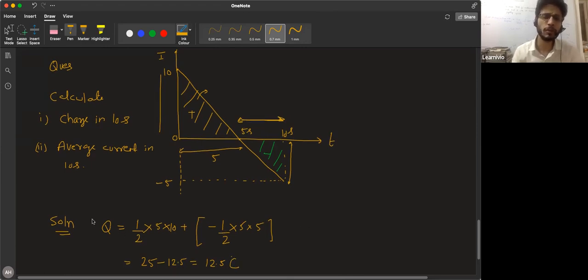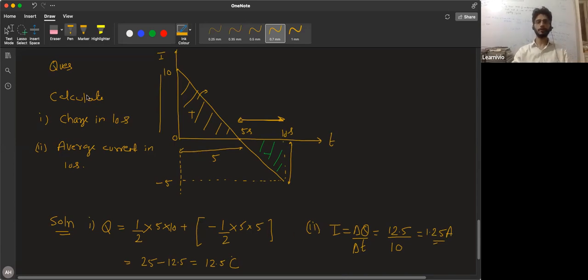How will you calculate the average current? Charge is known. I need the average current, which is delta Q by delta T. Delta Q is 12.5 and delta T is 10. So 1.25 ampere is the current.